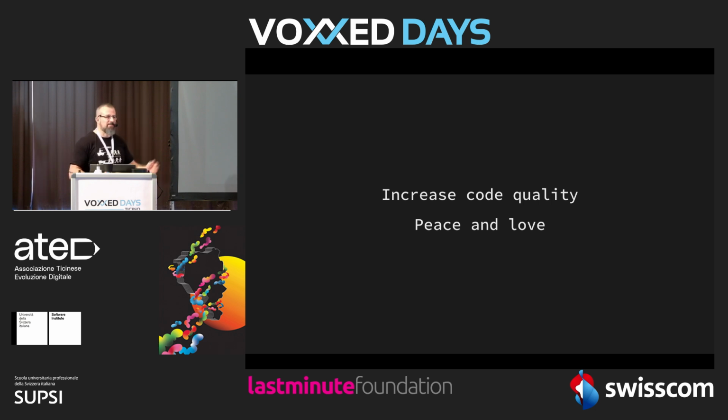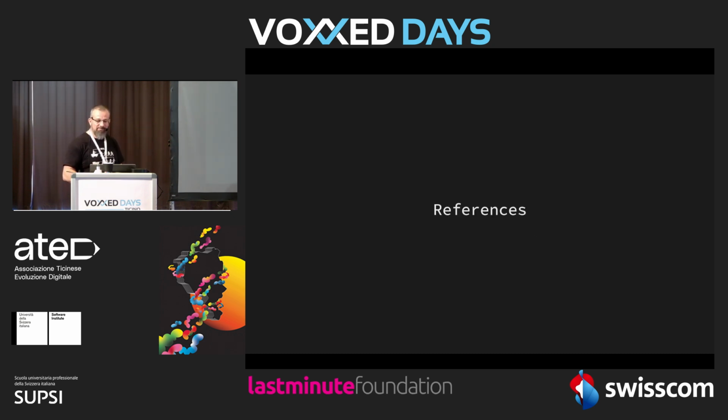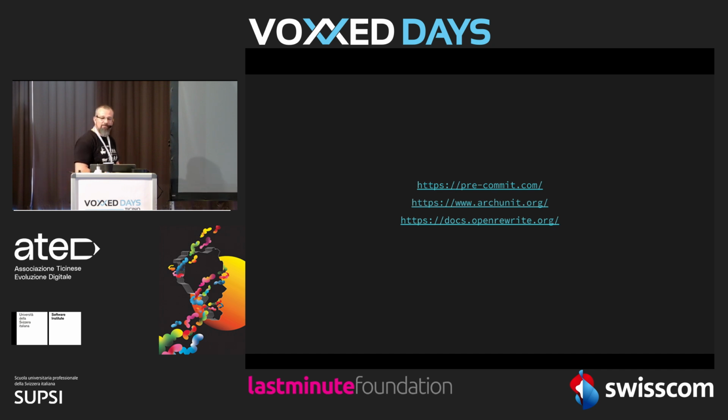So some references: pre-commit, ArchUnit and OpenRewrite links. There is also my small project. In that project, you can find a pre-commit configuration, OpenRewrite configuration, a sample test. The code itself is silly, it's just a FizzBuzz, of course.